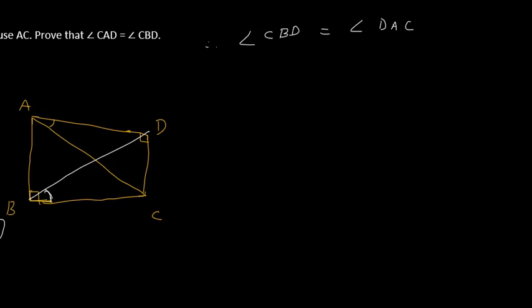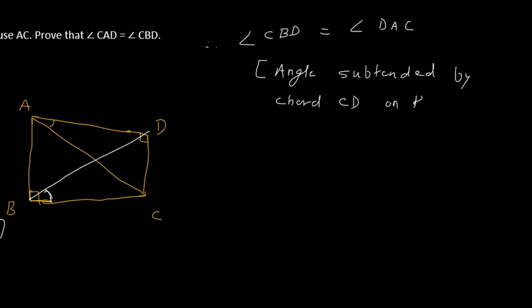The reason I will give is: angle subtended by chord CD on the remaining part of the circle, or simply angle subtended by chord CD.